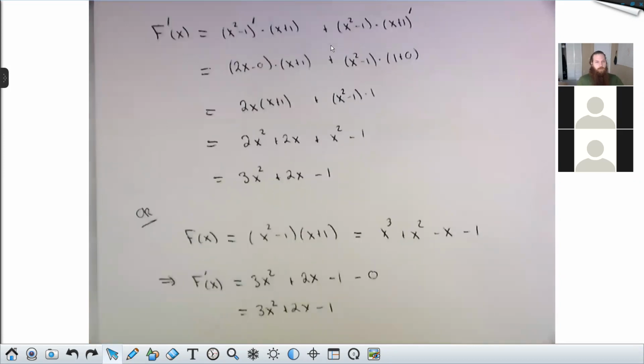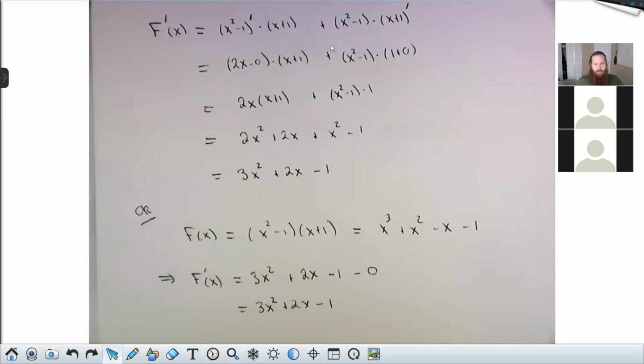I know which of these I would rather do. One of them is much faster. I was even silly here, and I rewrote the original function, taking up extra space. In actual fact, all I had to do is this and this. It's like nothing, compared to the product rule up here where there's more room to make mistakes.